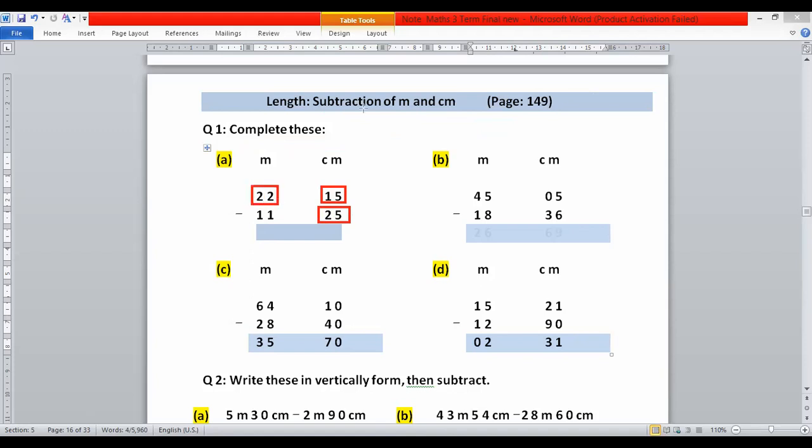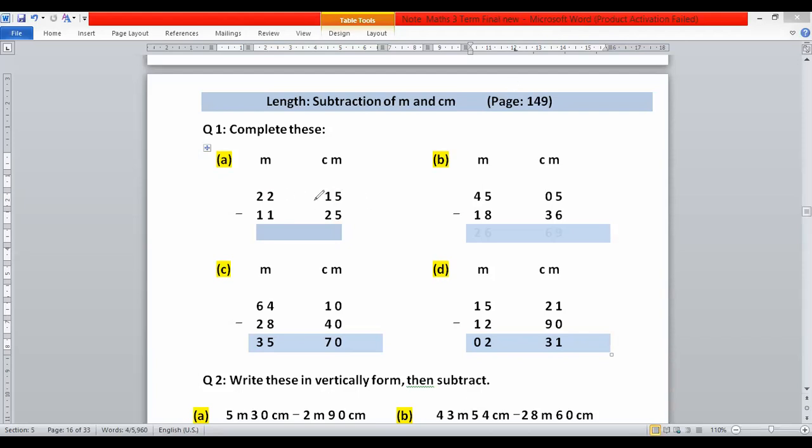So whenever students we take 1 meter from the given meters, so we must replace 22 by 21 here.